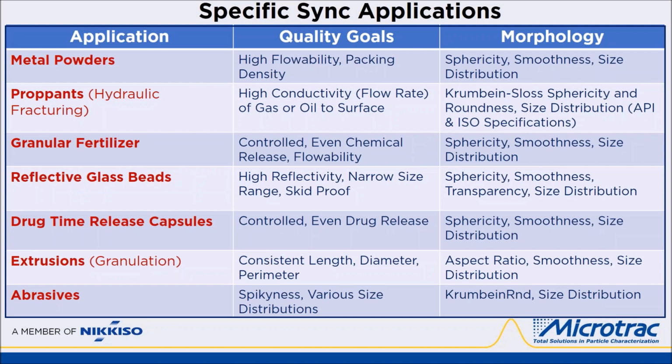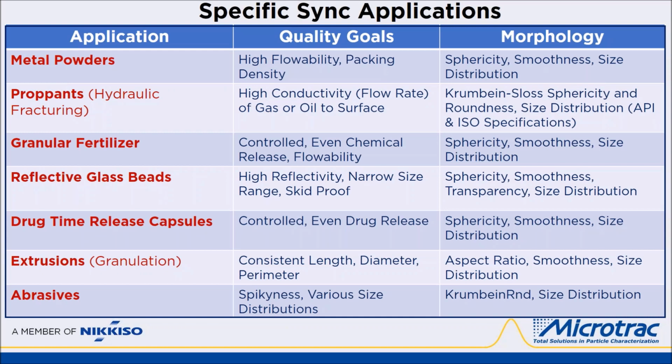Here's a list of the current largest specific applications known to require laser diffraction and dynamic image analysis technologies to measure their quality. Metal powders referred to earlier require high flowability and packing density for even, fast loading and high strength for final parts. Key parameters to spec are sphericity, smoothness, and size.